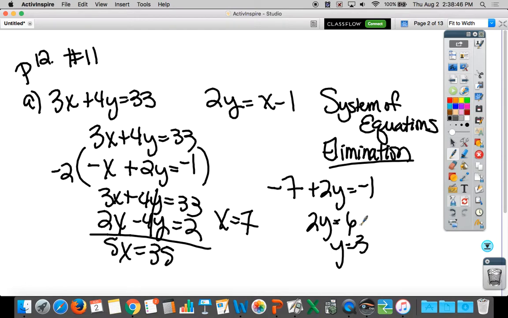So I want y'all to try, let me make sure I give you the right one, C for me. So 2 equations, 2 unknowns is always going to be a system of equations.